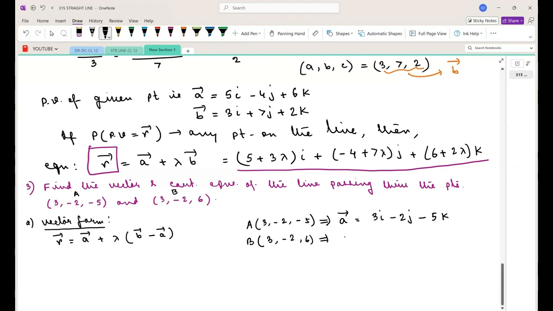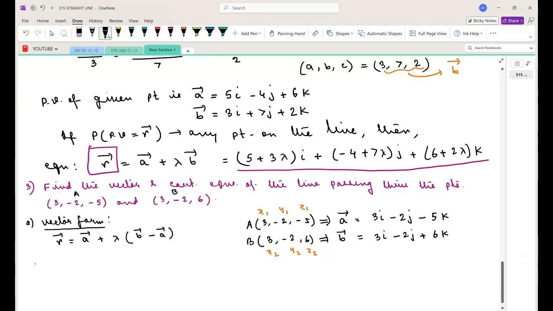That means the position vector b of the point B will be 3i minus 2j plus 6k. So these are my a and b. I'll write it here only, because we'll need it in the next portion. For the Cartesian portion, this will be my x1, this will be my y1, this will be my z1, and x2, y2, z2 when we do the Cartesian form. Anyway, first let us complete the vector form.